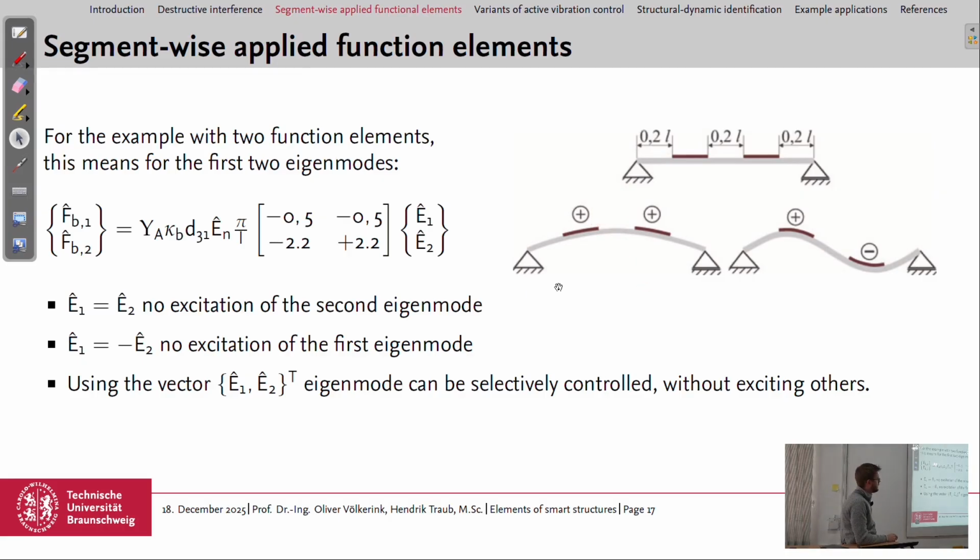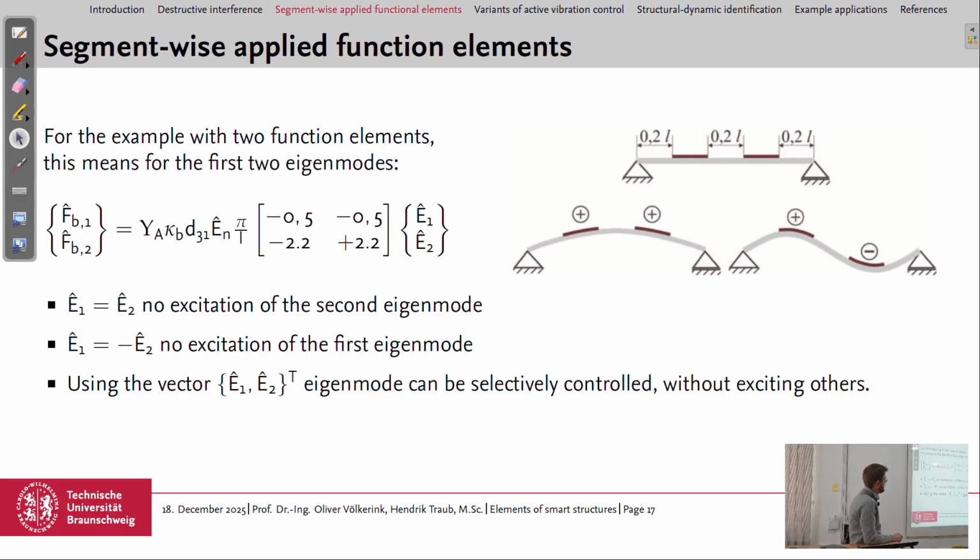Then we can see if E1 equals E2, we have no excitation of the second eigenmode, because they would cancel each other out here. And if we change the sign, so one has a positive and one a negative sign, and we put it in this vector, then the first eigenmode would cancel out.